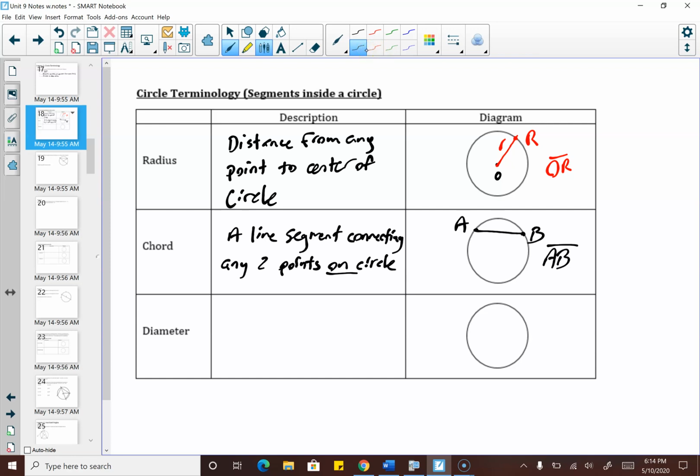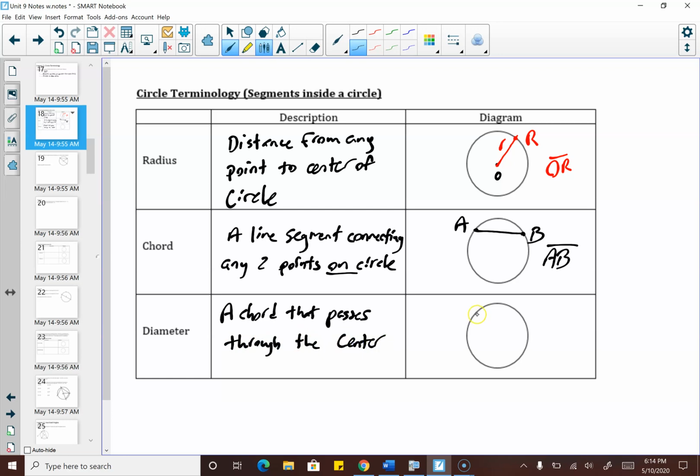And then the third one is our diameter, which is basically just a more specific chord. So it's a chord that passes through the center, okay?